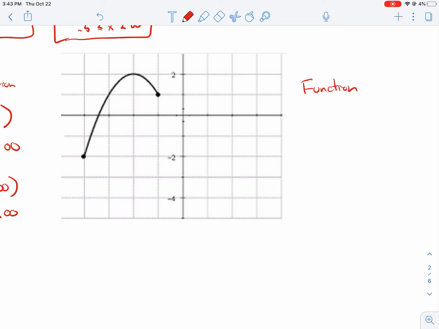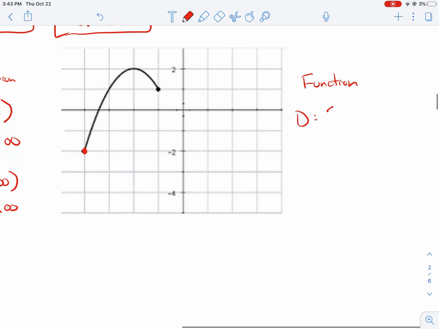All right, our domain. Well, what's the first value we run into when we go left to right? I run into this guy right here, which is a -4. Now notice I have a closed dot here, which means we want to include that point. And so we're going to have a -4.